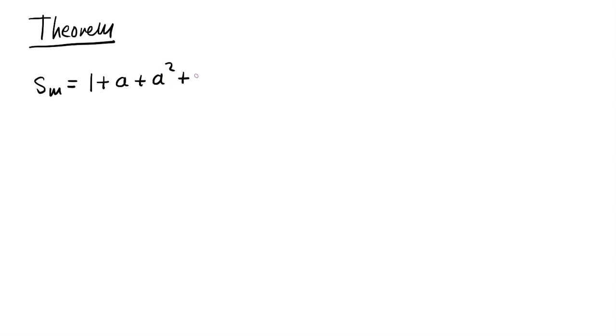So let's look at the following number sequence, and we write our theorem. If you have a geometric progression and you add all the numbers, then you get this sum. So let's call this sum S: 1 plus a plus a squared plus, and so on, up to a^n. Here a is some number.